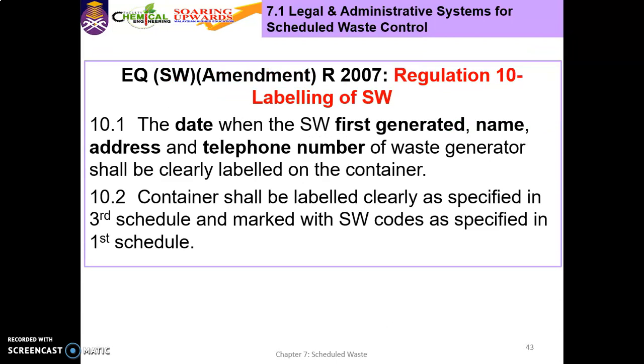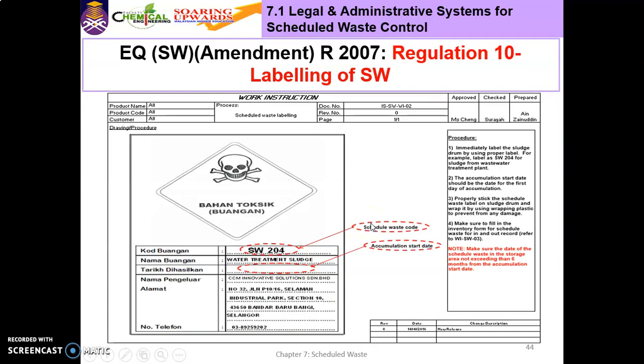Then regulation number 10 is about labeling. After you store the scheduled waste in a proper container, you need to label it. The container shall be labeled clearly as specified in the Third Schedule and marked with scheduled waste codes. Certain scheduled waste has different codes. Again, regulation number 10 is about labeling.